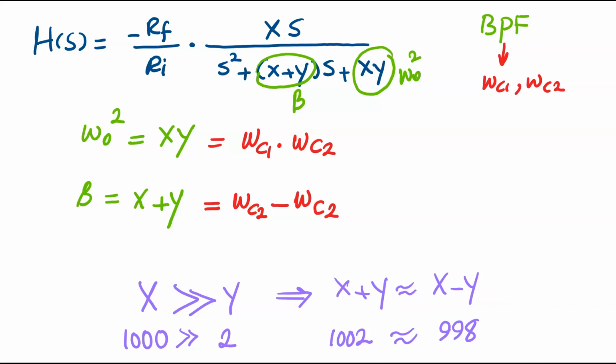So then I can replace x plus y by x minus y, and according to the equations I have here, x multiplied by y is the same as omega c1 multiplied by omega c2, and x minus y is the same as omega c2 minus omega c1.